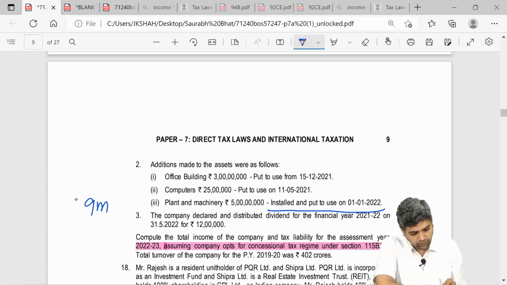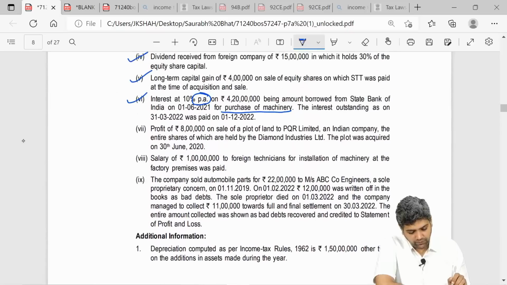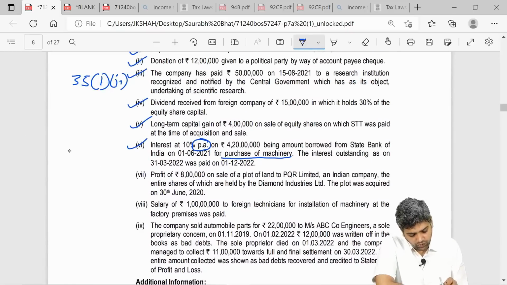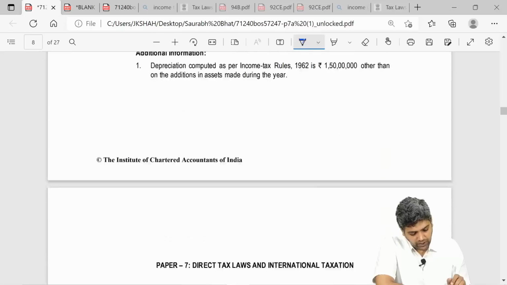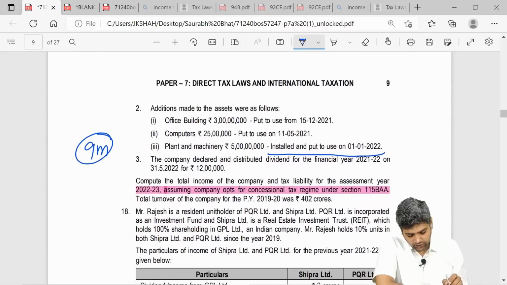So for a period of 9 months I will have to capitalize this interest cost. So I will say that 4 crore 20 lakhs is my total interest multiplied by 10% multiplied by 9 by 12, that is April up till December, that comes to 1st Jan 2022.